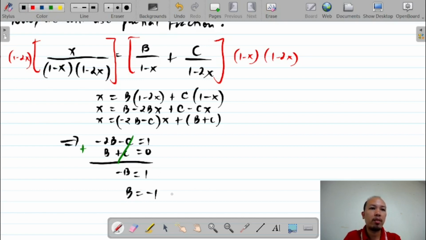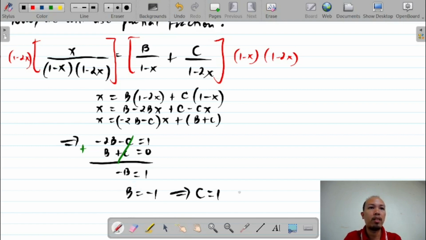Okay, from this we have c, which is equal to, just substitute to one of the equations. Let's say this one here, negative 1, so c is positive 1.